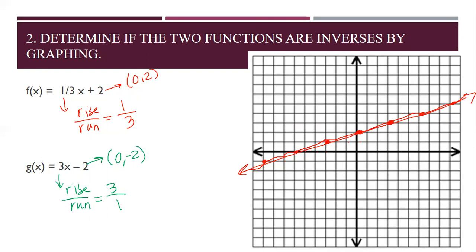So I'm going to start at 0, -2. And I'm going to rise 3, run 1, repeating that pattern.